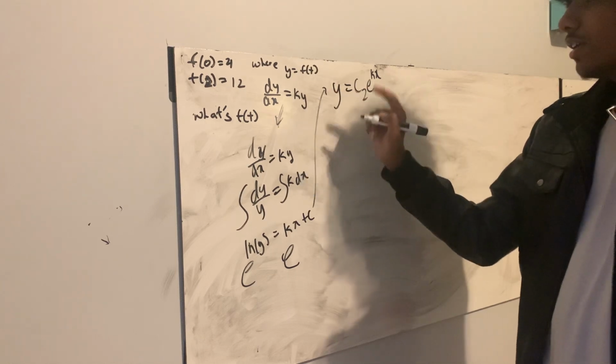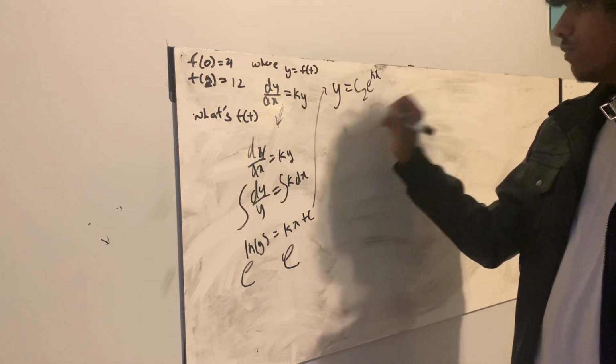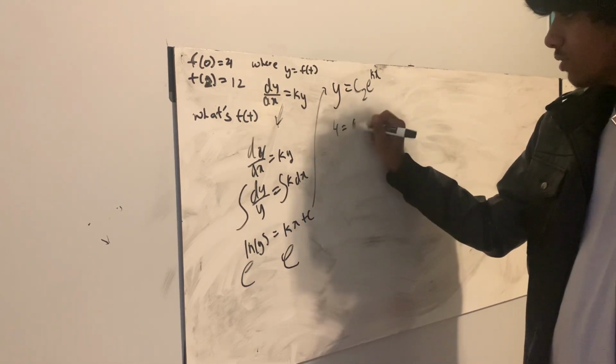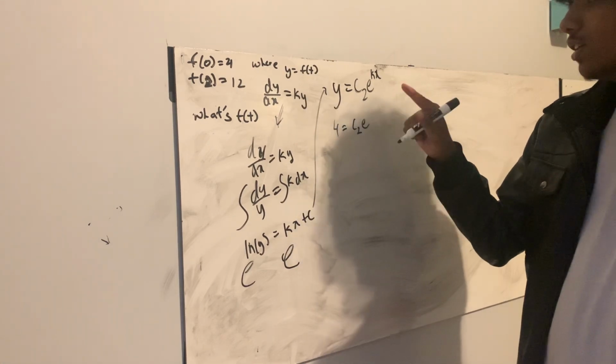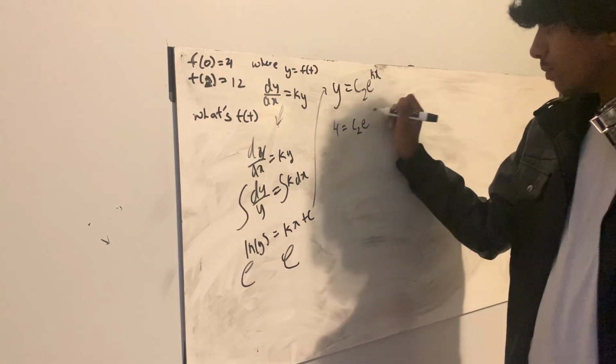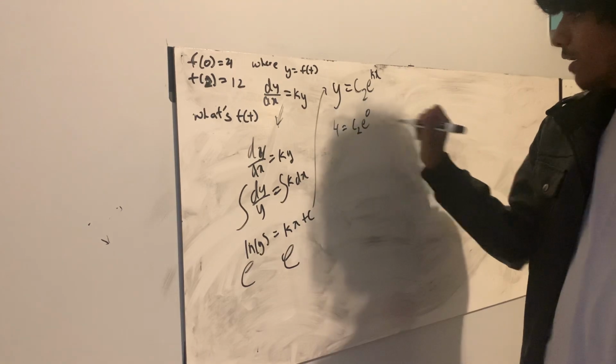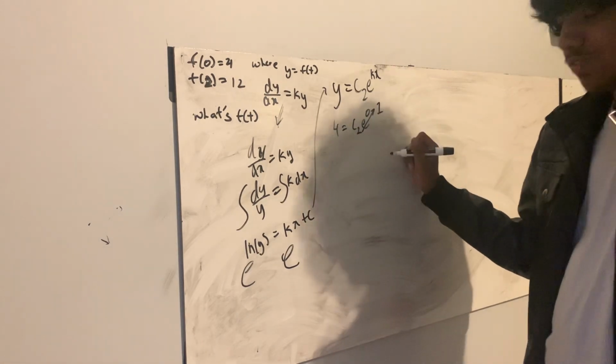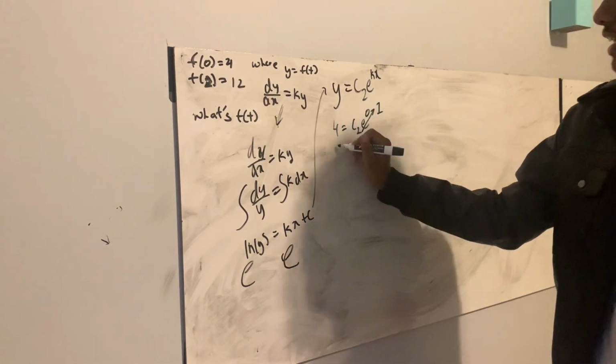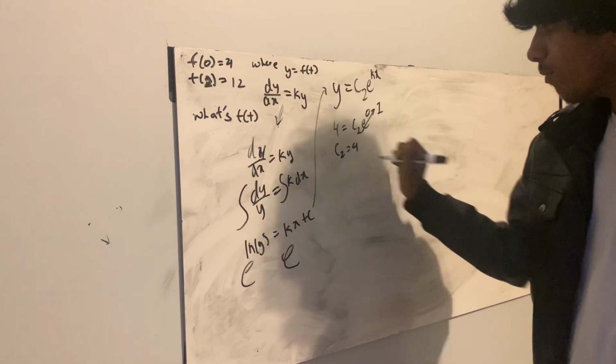If I plug a 0 and 4 in, I'm going to get 4 is equal to c2 times e to the k times 0, which is just 0. This simplifies to 1 by exponent rules, and we know easily that c2 is 4.